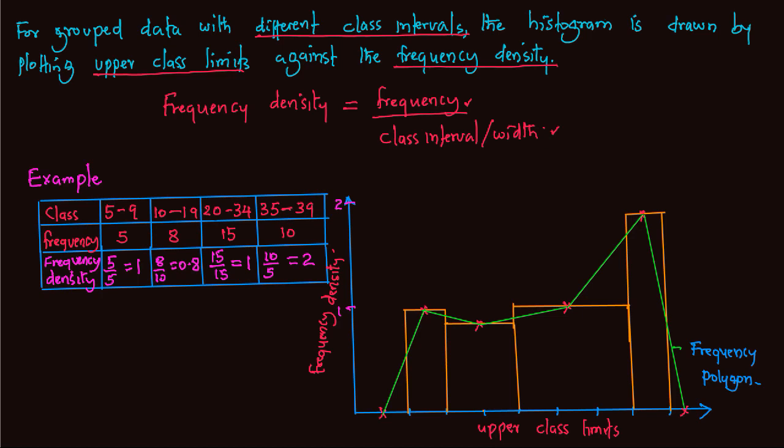The frequency density will therefore be 5 over 5, because the class 5 to 9 has a class interval of 5. The class 10 to 19 has a class interval of 10.